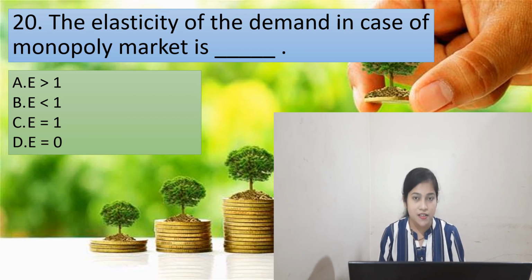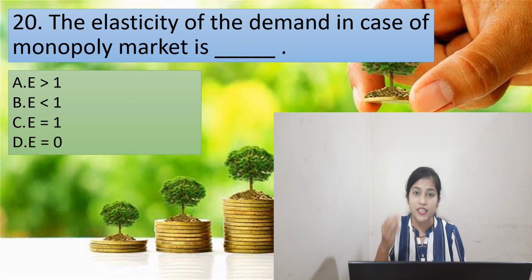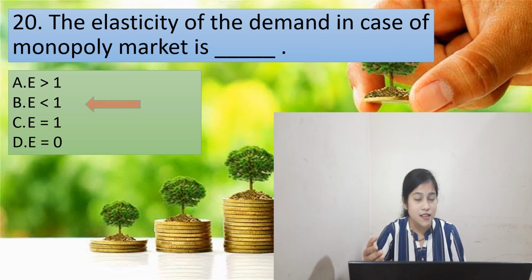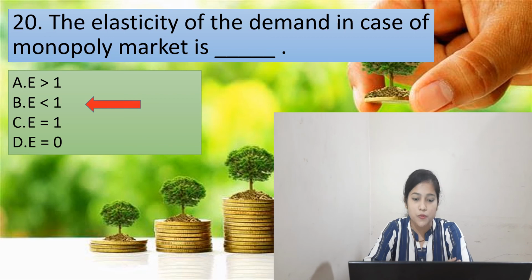Apart from that, in every market situation, the demand curve is relatively inelastic, or we can say less elastic. Less elastic or relatively inelastic means elasticity value is less than 1, right? So the answer will be option B, that is elasticity less than 1.